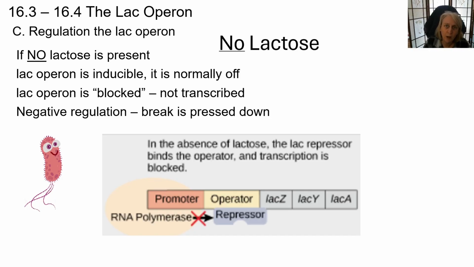To sum this up in a simpler version, if there is no lactose, the lac operon is off. The repressor is bound to the operator. That repressor is made constitutively, so it's always being made. The promoter, if RNA polymerase binds to it, cannot pass through the operator. There is no transcription. E. coli has lots of glucose, so he's happy.